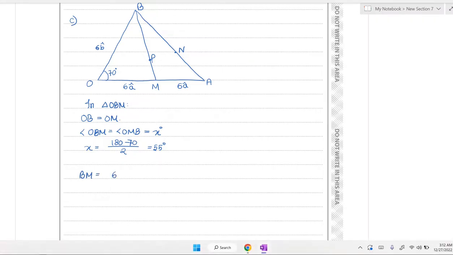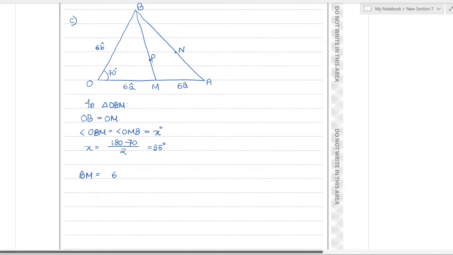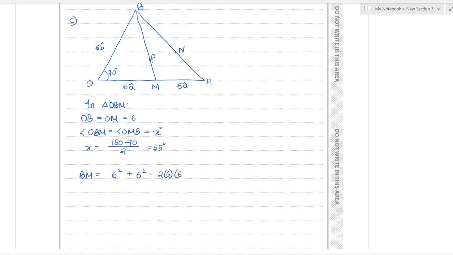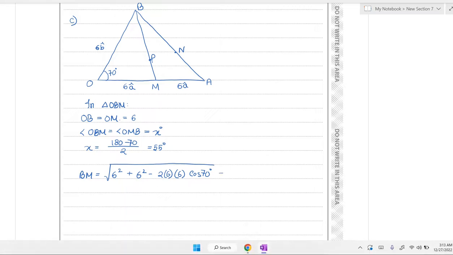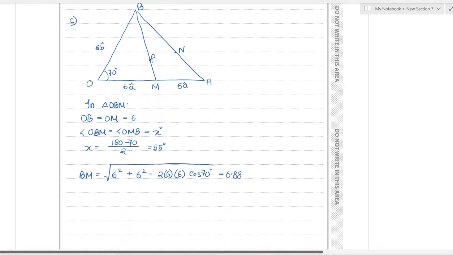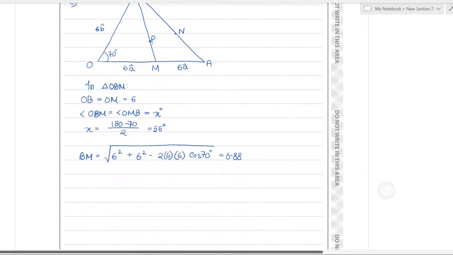BM is the square root of 6 squared plus 6 squared minus 2 times 6 times 6 cos 70 degrees, since the values of A and B are 1, so OB becomes 6 and OM also becomes 6. If you calculate it, you get a value of 6.88. 6.88 is the value for BM.